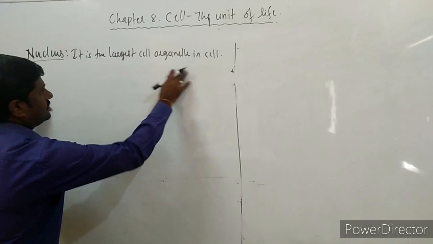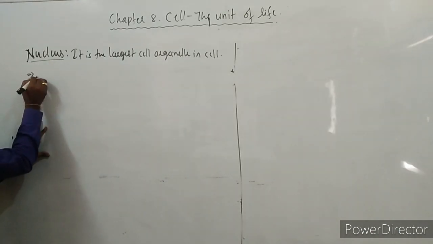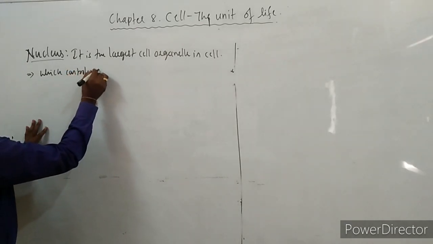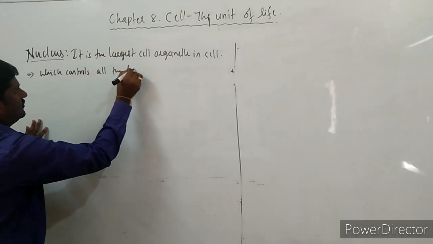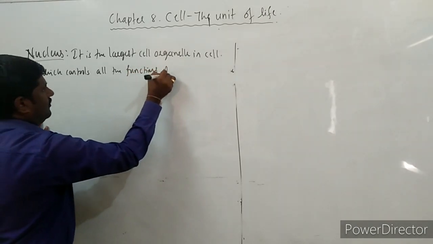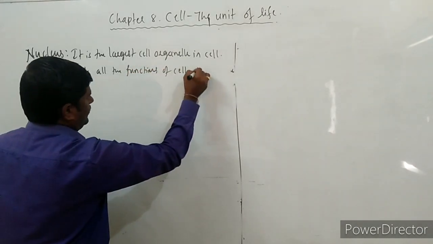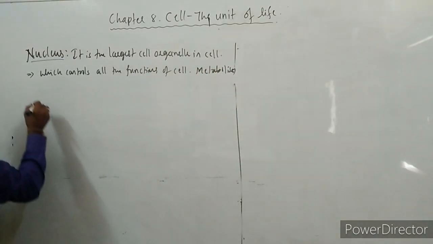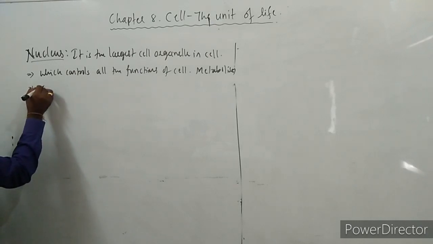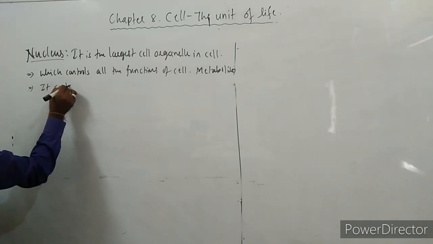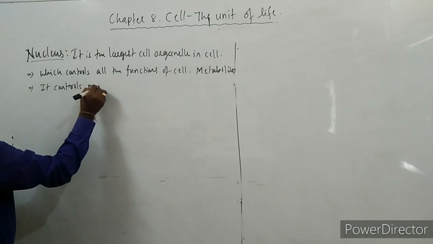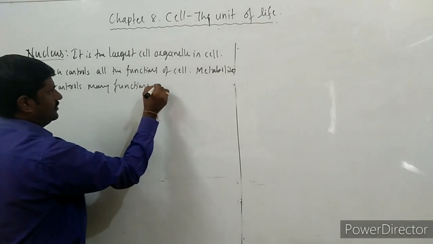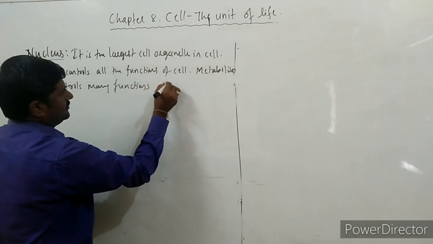So it is the largest cell organelle in the cell which controls all the functions of a cell itself, right? Especially metabolism, and along with the metabolism, it controls many functions like protein synthesis.